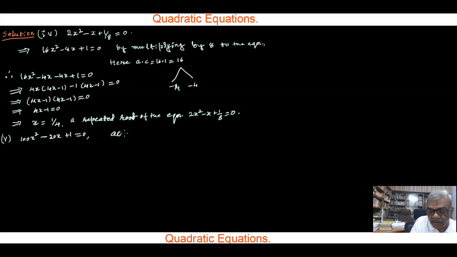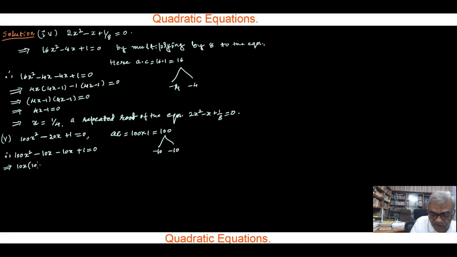Here AC equal to 100 into 1, that is 100. 100 can be split into minus 10 and minus 10 because minus 20 is there. Therefore 100x square minus 10x minus 10x plus 1 equal to 0, and by factorization we can take 10x as common outside these two terms.